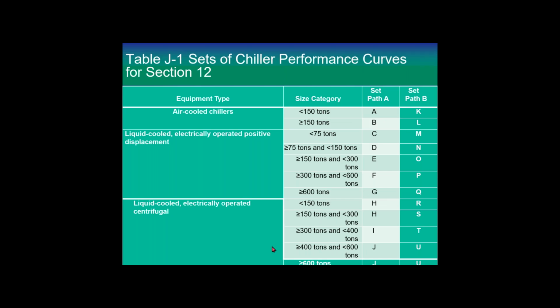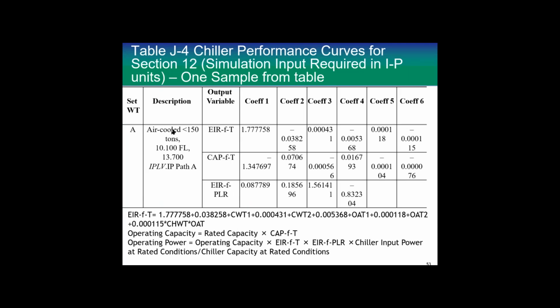Now we go over here, and here's your A, less than 150 tons with full load 10.1, part load 13. Now K is air cooled less than 150 tons with a full load of 9.7 and a part load of 15.8. And it's path B.